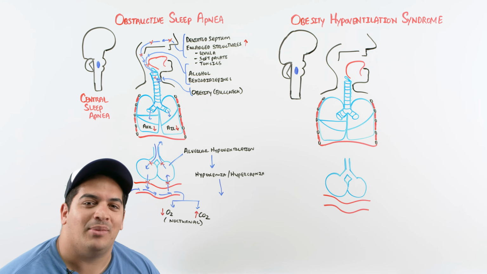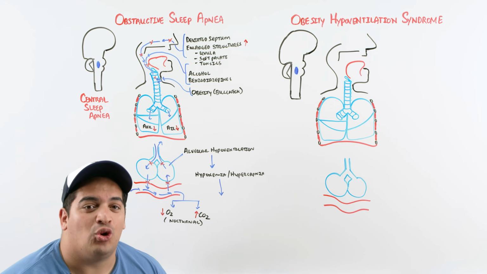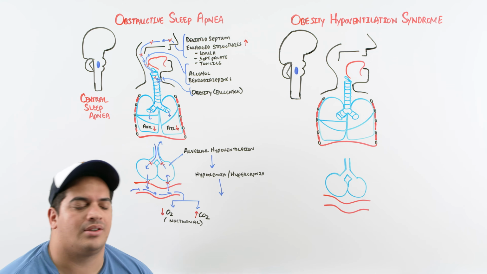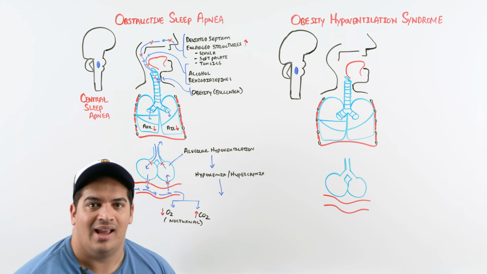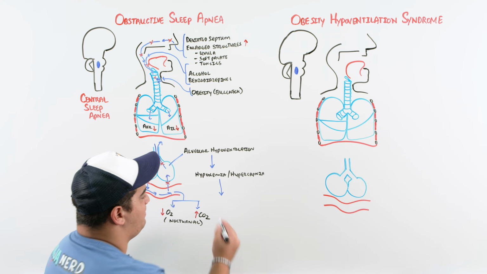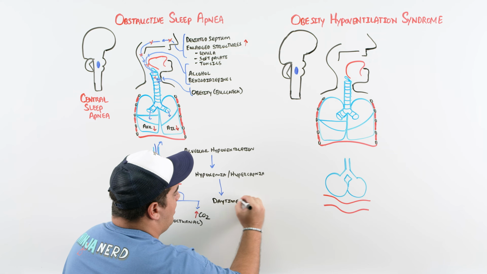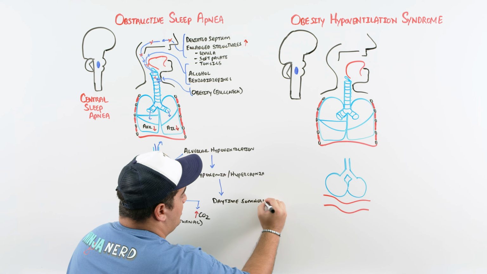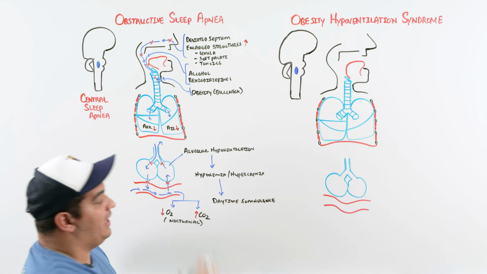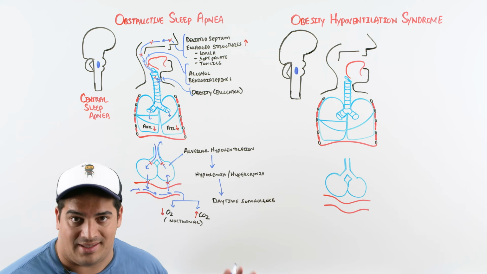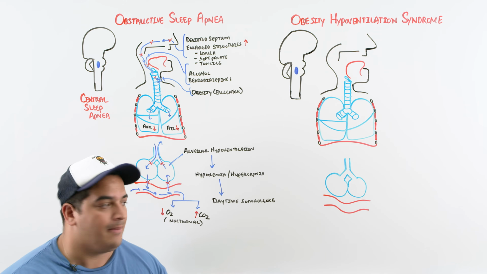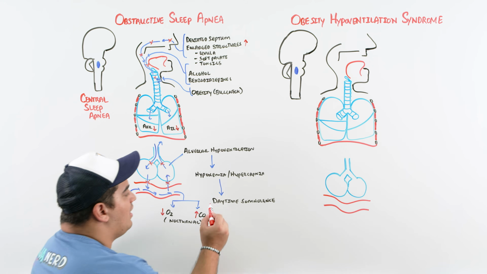And you know what the problem with that is, they don't get very good quality sleep. And so when they wake up, they're so exhausted throughout the day. And the classic finding in these patients is going to be they experience some type of daytime somnolence. Sometimes this can even increase the risk of these patients having motor vehicle accidents or being less productive during the day. So this is one of the most classic findings.